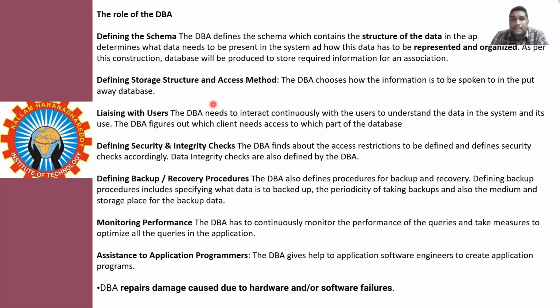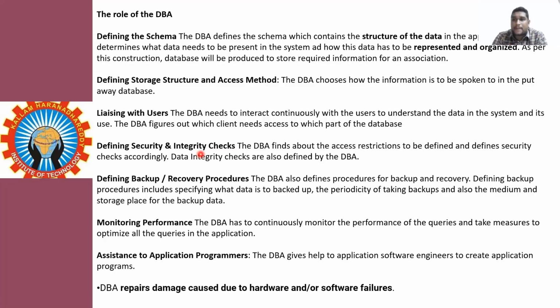Liaising means whatever different requests were made by the users, that was given by the DBA. Okay, next, defining security and integrity checks. He maintained, already we discussed that, giving some constraints and giving some usernames and passwords, all this comes under security and integrity checks.